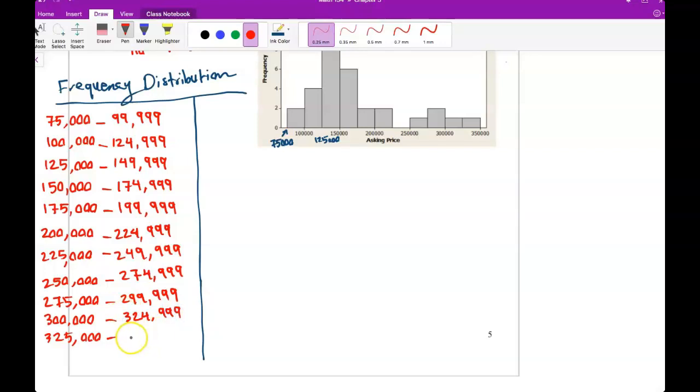Now finally this one is 349,999. So we stop here because the largest one is 350,000.